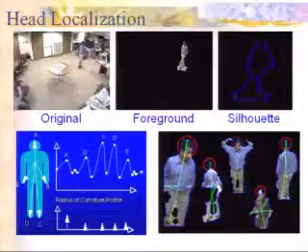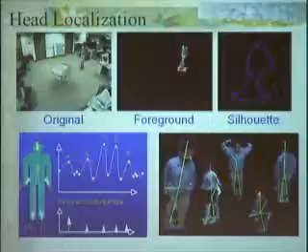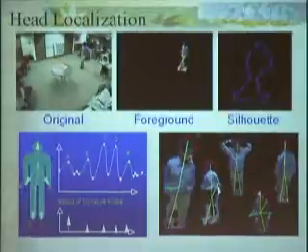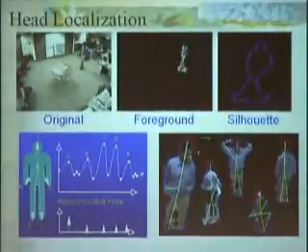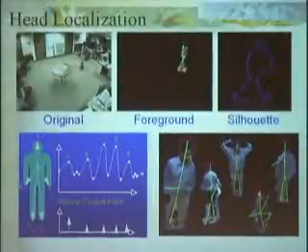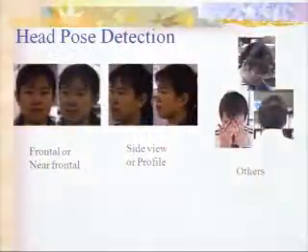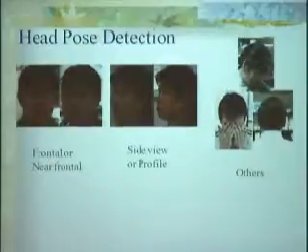And here is the algorithm for head detection. Once we get the silhouette, we get the circle part at the top of the omega part. These are several images we get for the head. Once we find the head, we determine the head pose, only for frontal or nearly frontal.